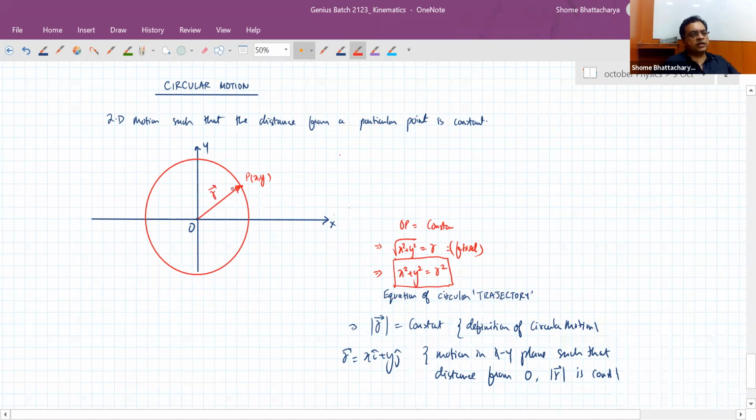If this is a position vector at some particular time, it should always have the property that its magnitude is constant. Then we can say that it's a circular motion with the origin as the center point of the circle and the motion happening in the xy plane.